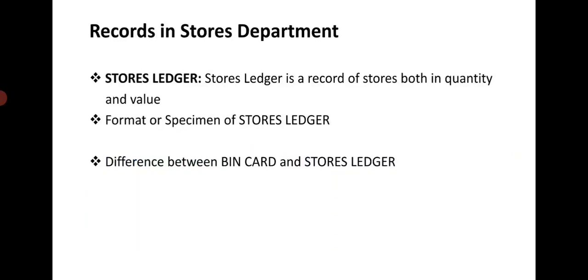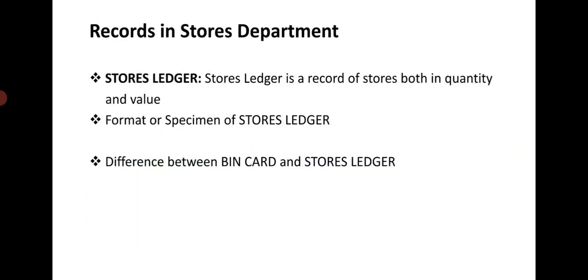Though both bin card and the stores ledger look the same, there is a slightly minor difference between these two, which is the addition of value figures of the inventory in the stores ledger. As we know, bin card keeps only quantity records, so it lacks the valuation of the inventory. In order to fulfill this deficiency, the costing department takes support from the stores ledger.